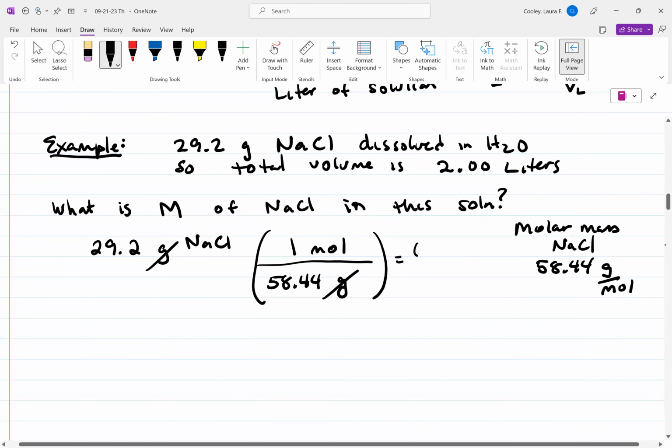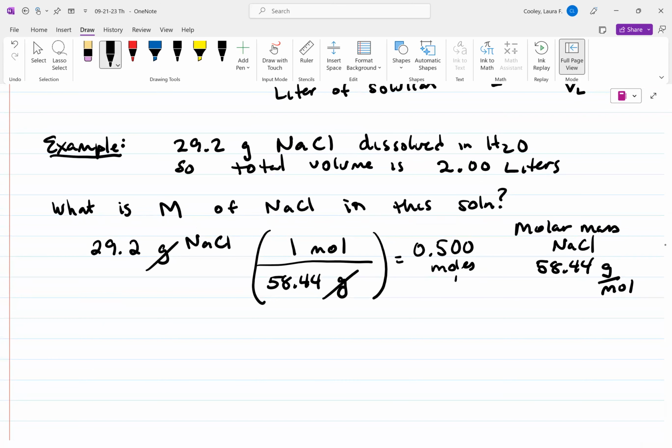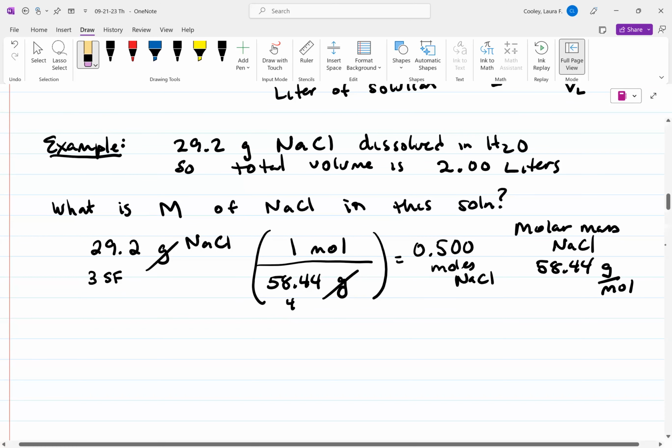So this comes out to, I put some nice numbers in there, 0.500 moles of NaCl. If you put 0.5 on a piece of paper, that's wrong. It's really 0.500. There are 3 significant figs here, and there are 4 here. So you should keep 3. 1, 2, 3, okay?